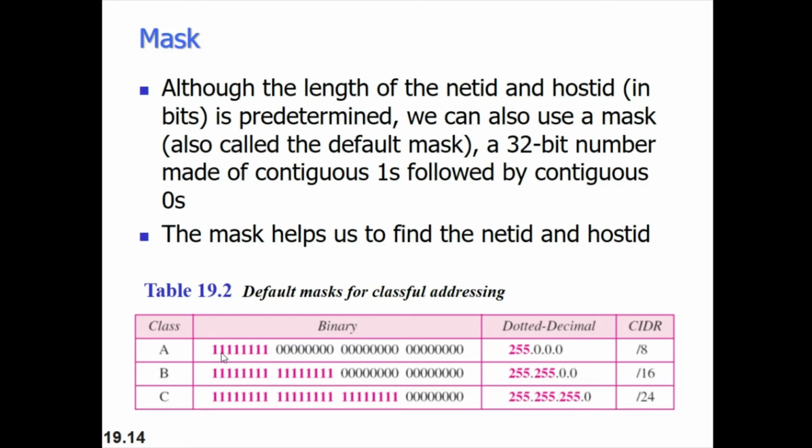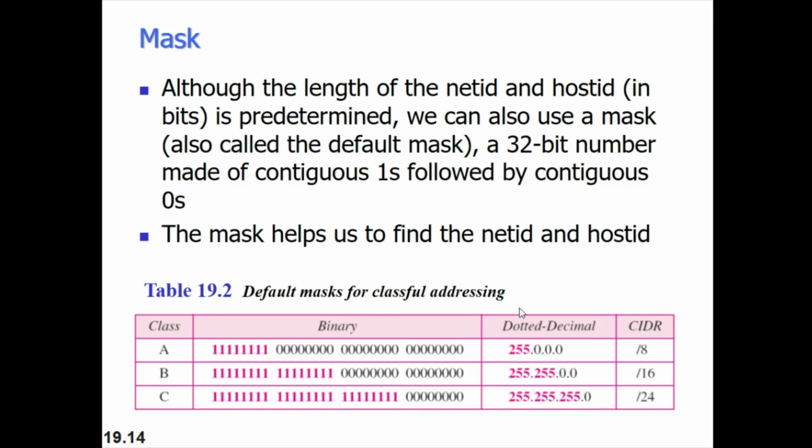So in binary, there are 8 bits here, this one is 16 bits here, and this one is 24 bits here. This part is the net ID, and this part is the host ID.